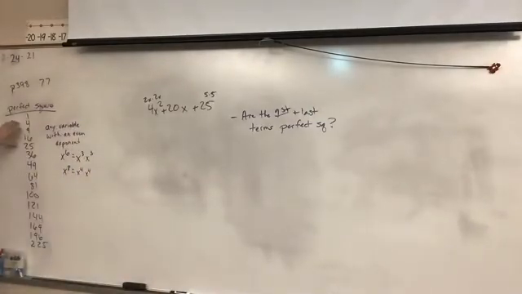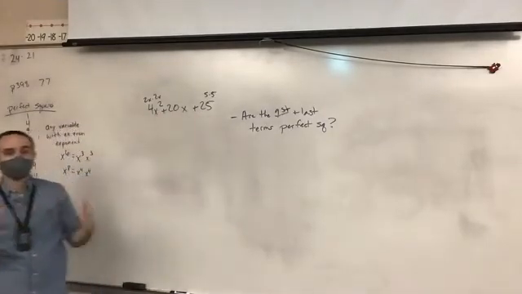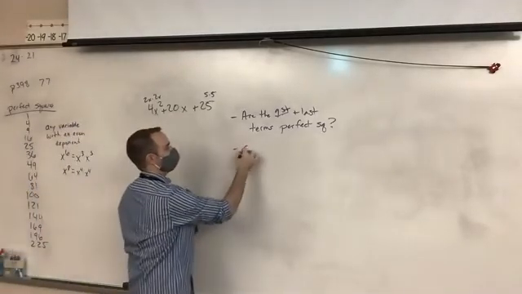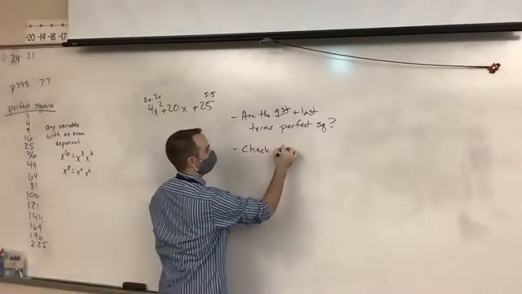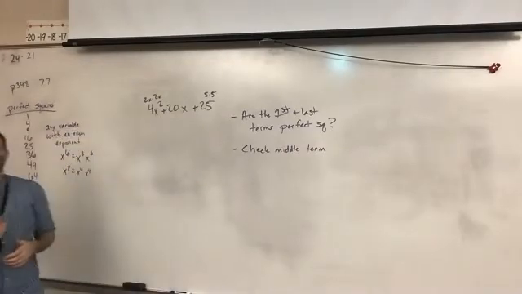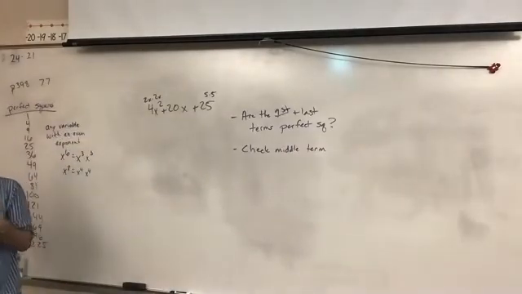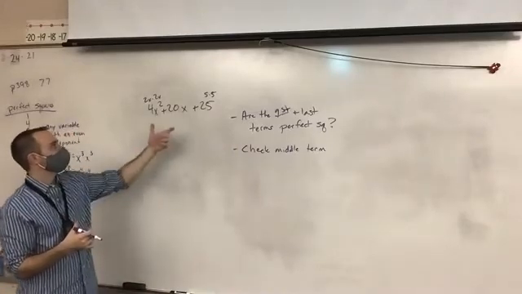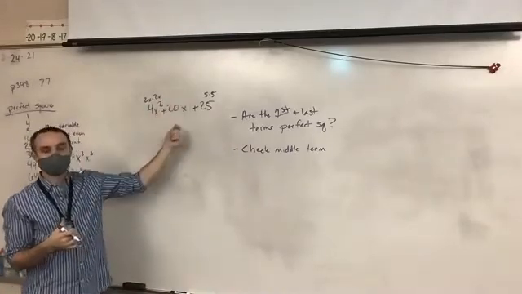And this is where knowing those perfect squares and having them pop off the page is going to help you. Because when I look at this problem, I see right away that 4 and 25 are perfect squares. So I know this is a possibility. But the other thing we have to check is the middle term. Remember that shortcut we did in the warm-up in 7.3: you had to multiply the two things together and double it.